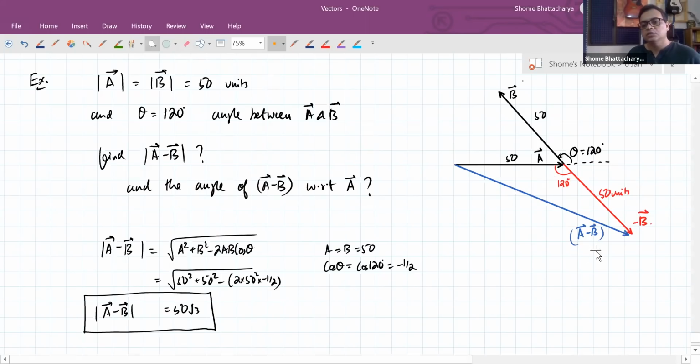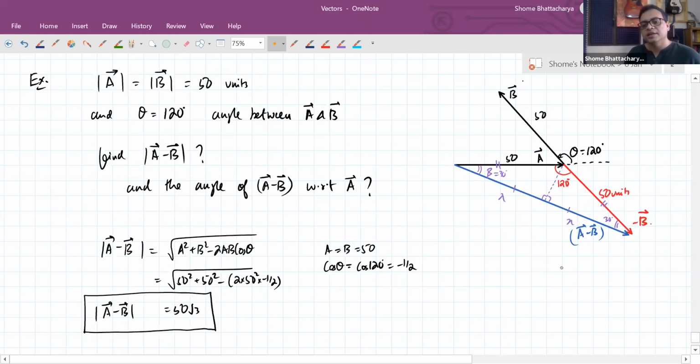So you can quite easily use the property of an isosceles triangle. Since this side is equal to this side, this angle will be equal to this angle. So this will be 30 degrees. If you drop a perpendicular here, it will bisect this side.